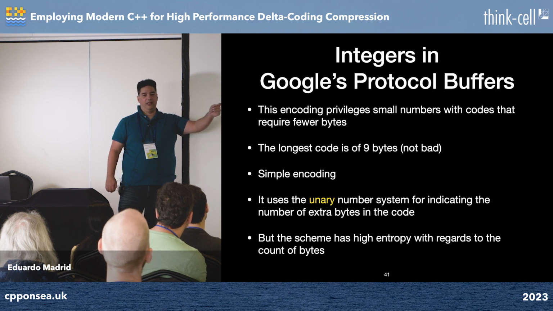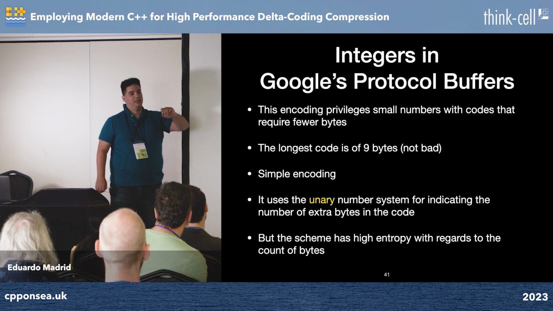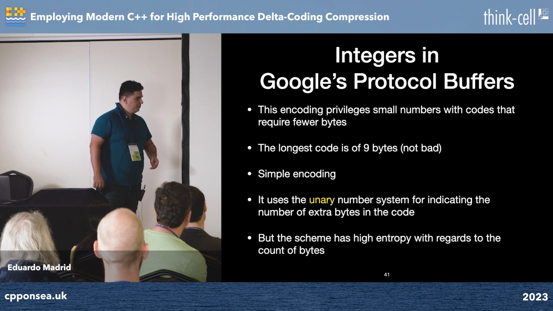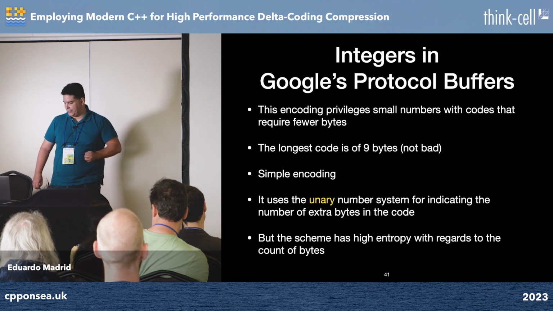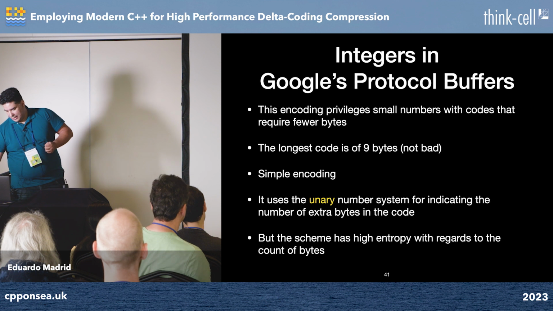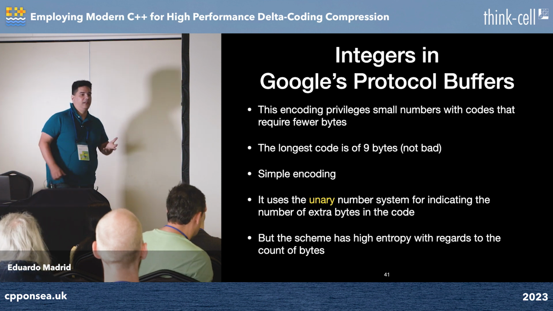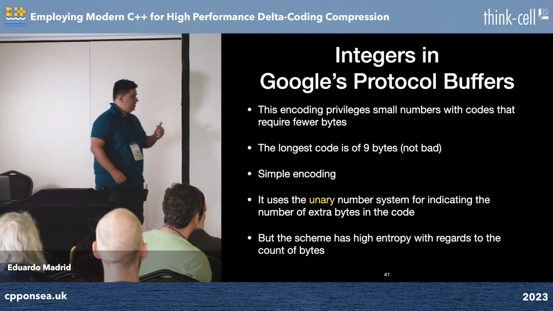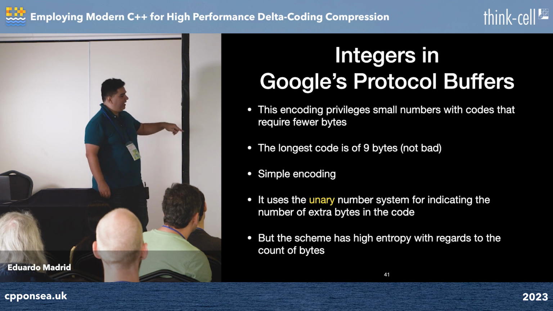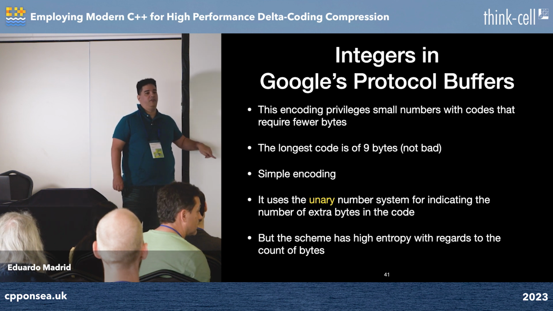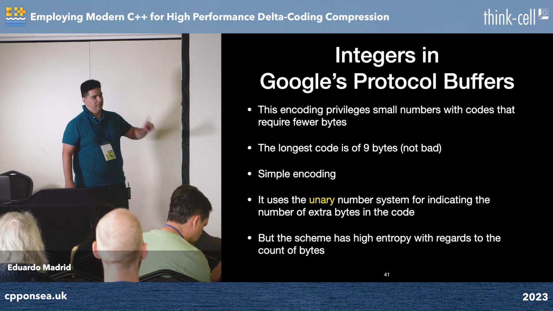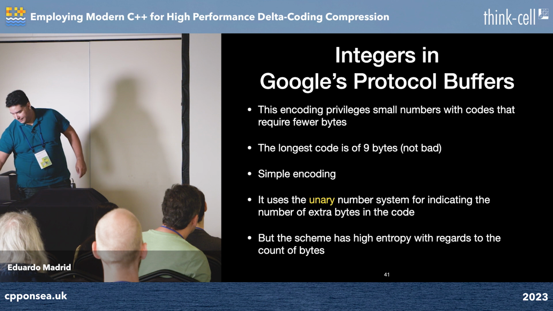So you set however many bits as you need. So that's unary, the unary numeration system, right? But there is a major pitfall, which is that this scheme has high entropy with regards to the number of bytes, the count of bytes of each code. And I will tell you how to improve that momentarily.